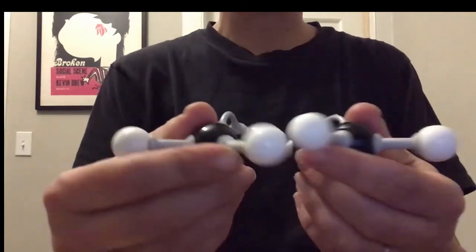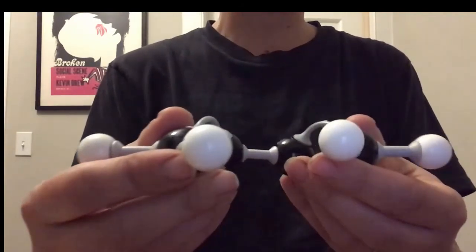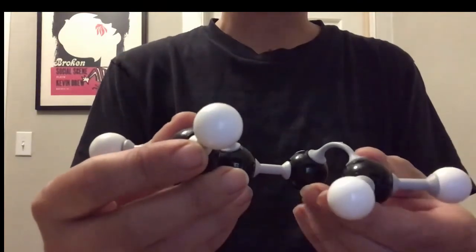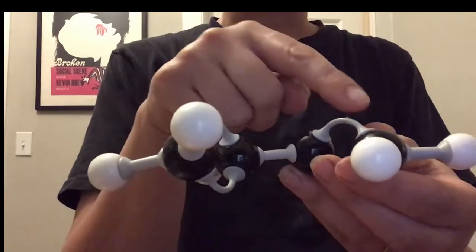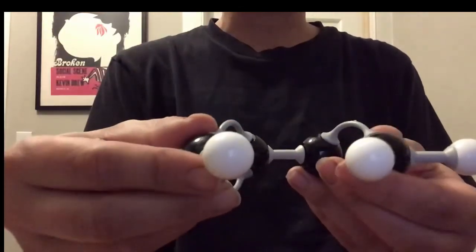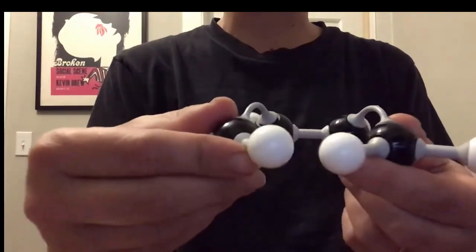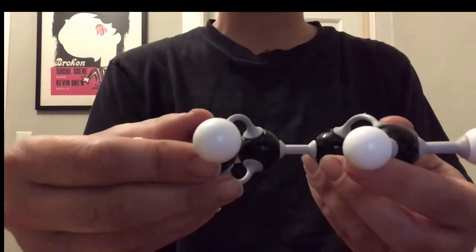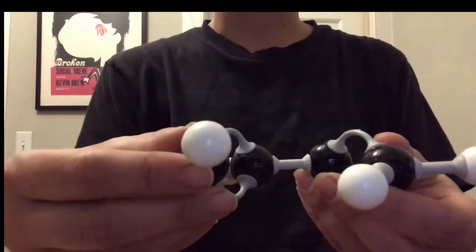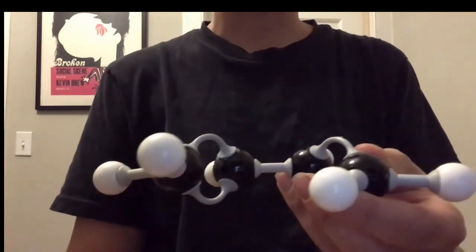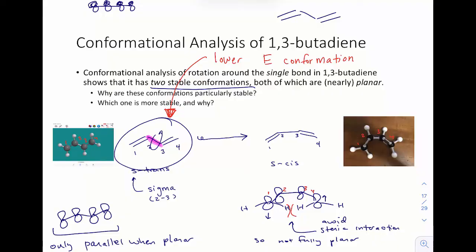But these hydrogen atoms are repelling less in space, so there is some balance between lower energy from the p orbitals being fully aligned and higher energy from the electron clouds of the hydrogen atoms colliding. So the S-cis conformation actually is not fully planar. It's a little bit askew, and that makes it higher energy than the S-trans.